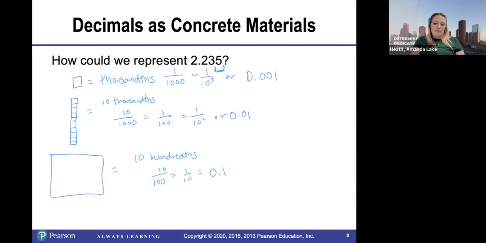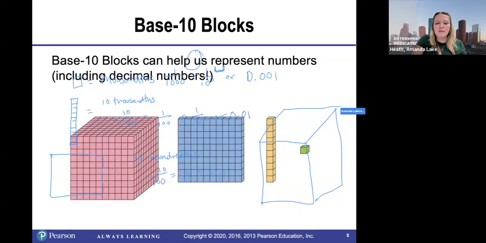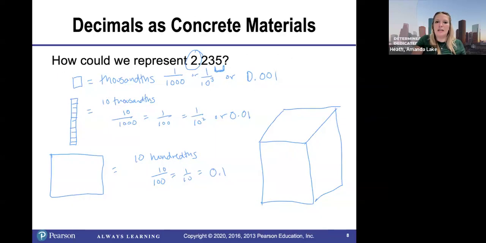Now we also need to represent ones here because I have 2 ones in my number I'm trying to represent. So this is going to be represented by that big cube block that I had before in the picture on the previous slide, and I can go back and show you that. This block here on the left, that's going to be representing our ones, because this is 10 tenths, because I have 10 of these.